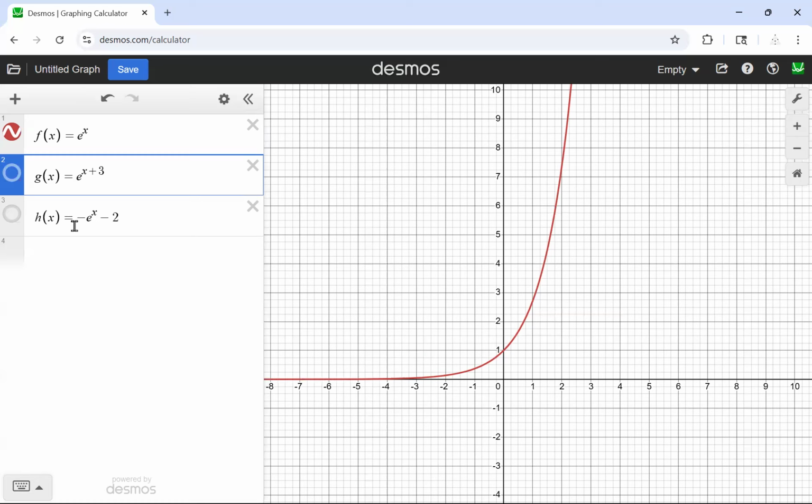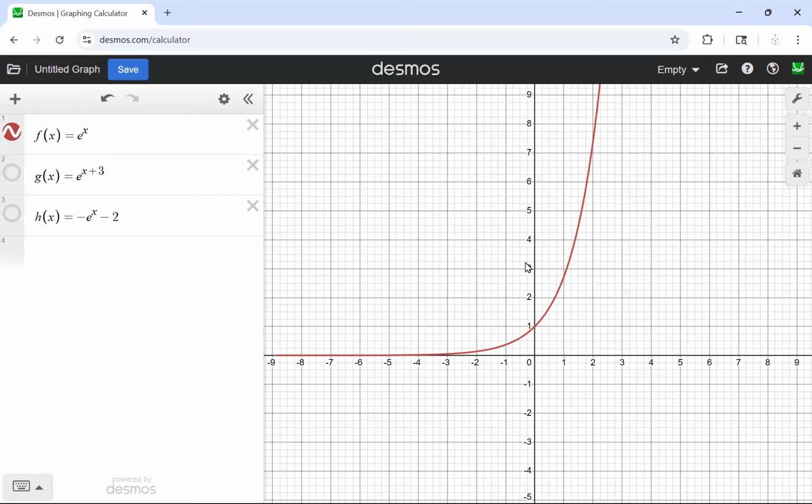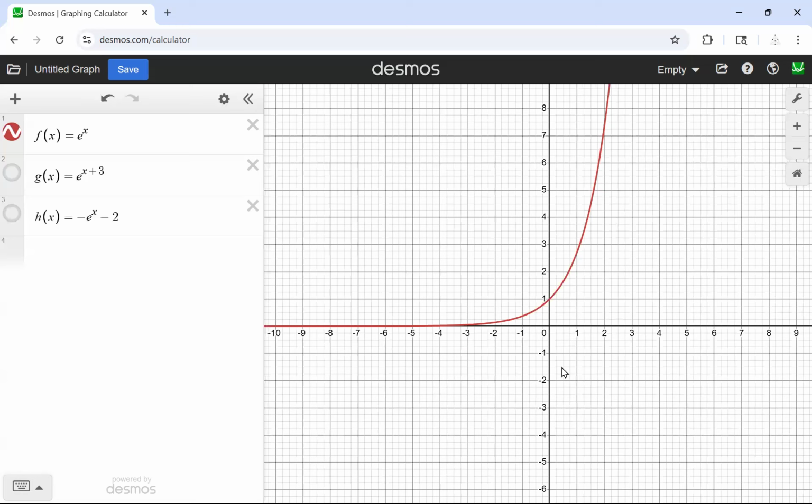Negative e to the x minus 2. That's going to be a flip across the x-axis because we have a negative in front of e to the x, and then a shift down by 2. So we're going to flip and then shift down 2.